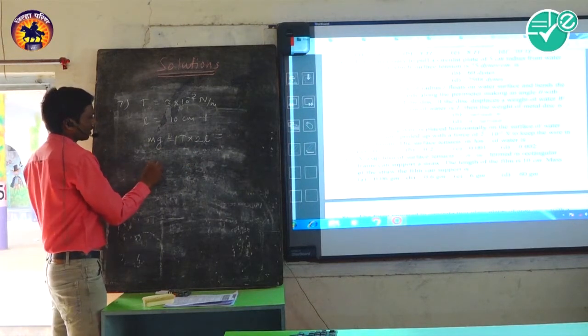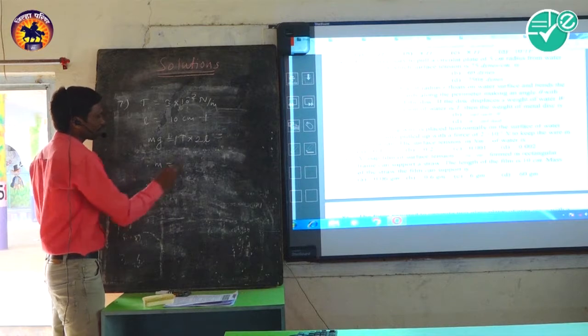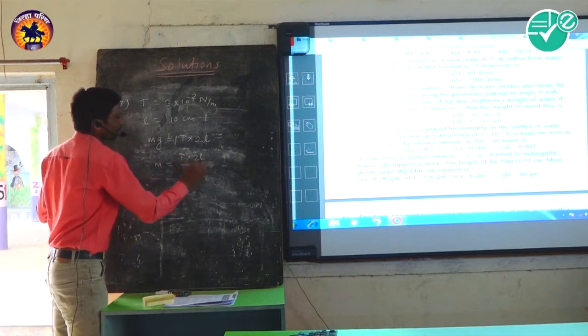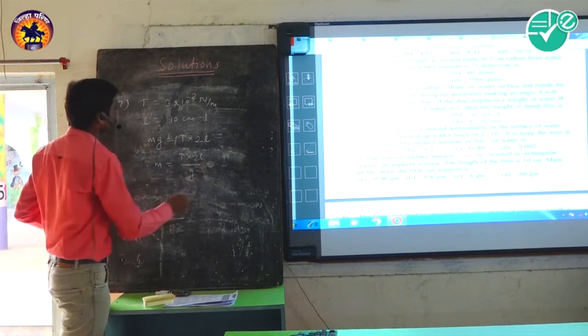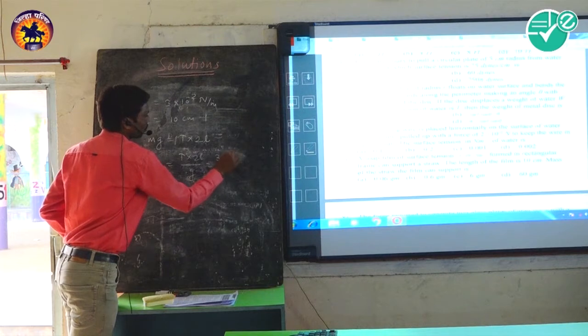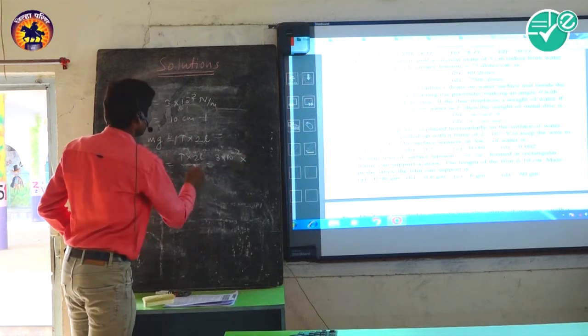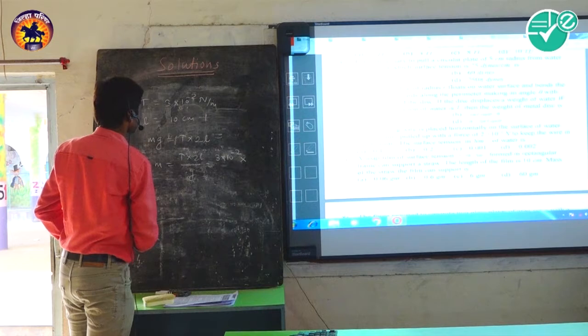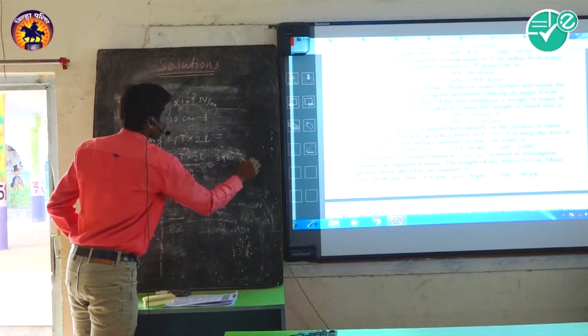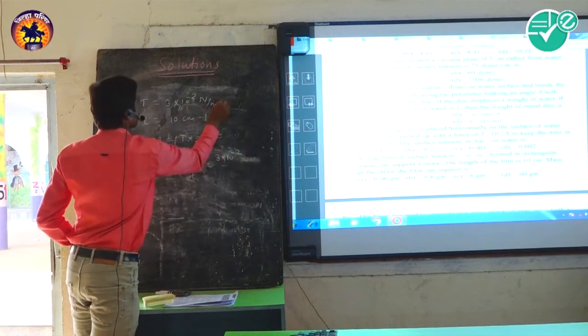So it is also written as m equal to T into 2L divided by g, and that is equal to 3 into 10 raised to minus 2 into 2L, that is 10, in Newton per centimeter.